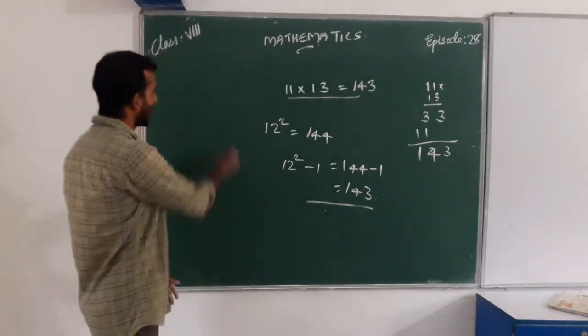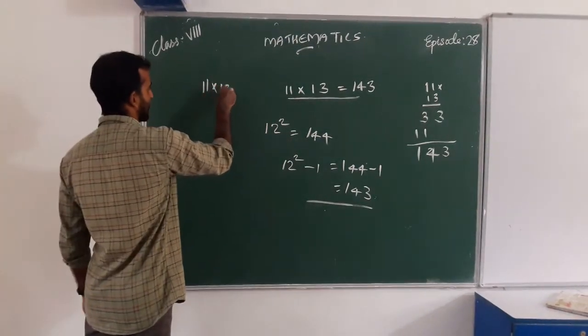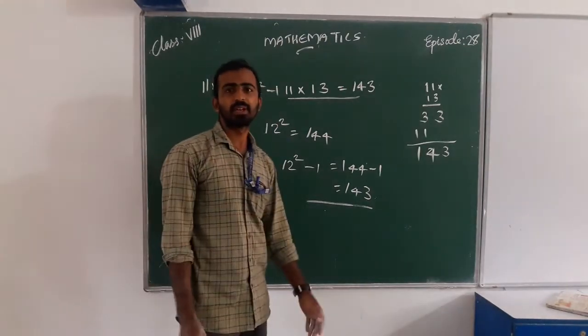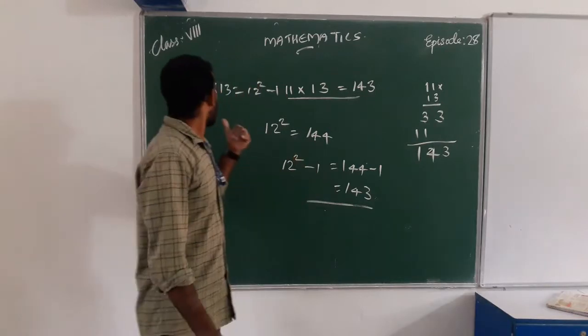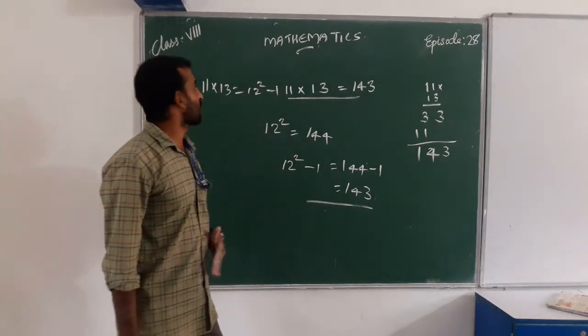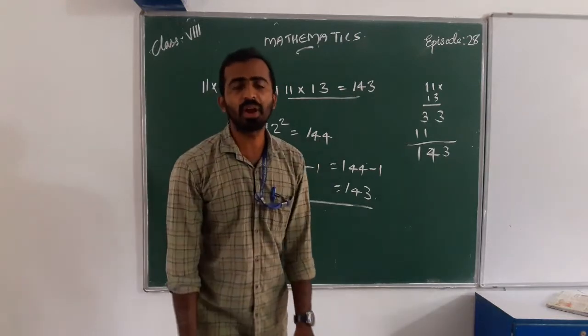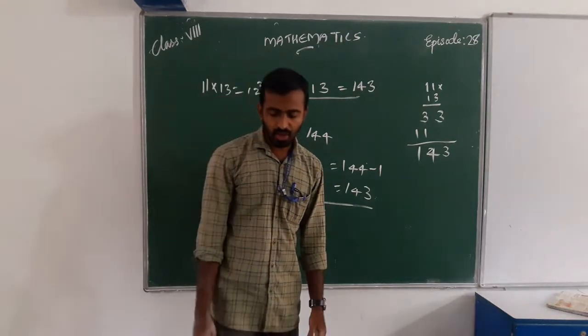So we can write 11 into 13 equals 12 square minus 1. Can we write like this? Yes, we get the same answer, 143.